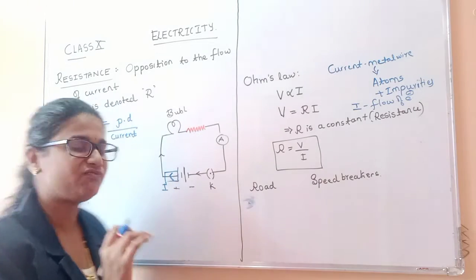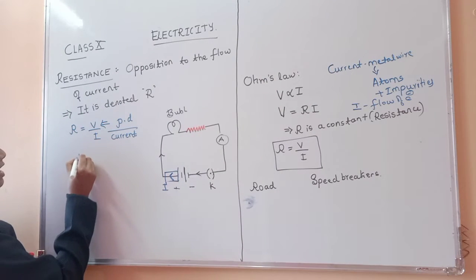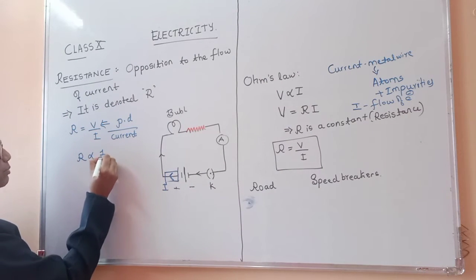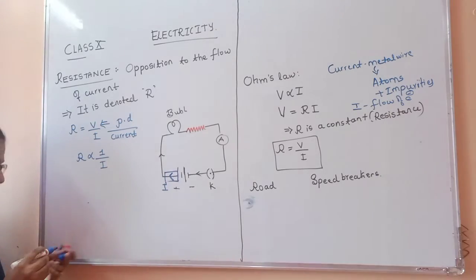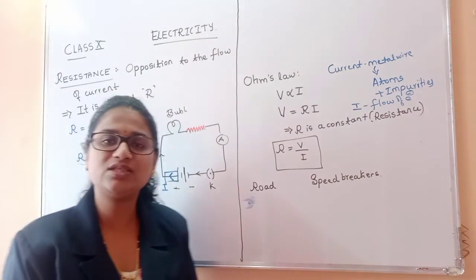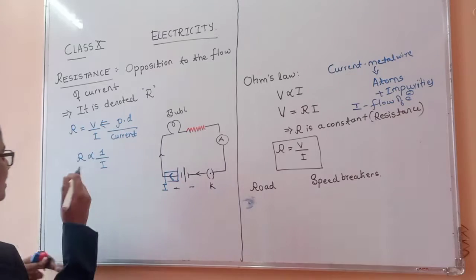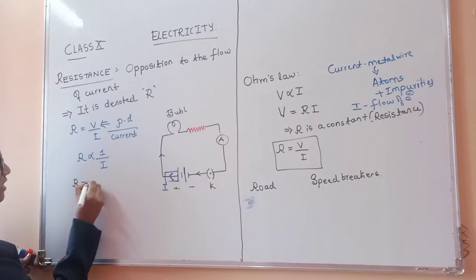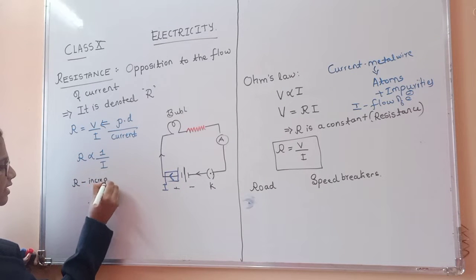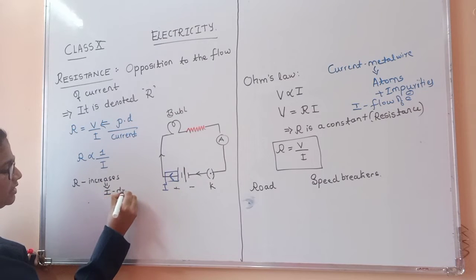So by seeing this formula we can say that R is inversely proportional to the current. Inversely proportional means what here? When R increases, the flow of current decreases.